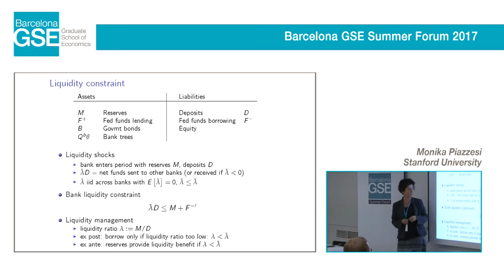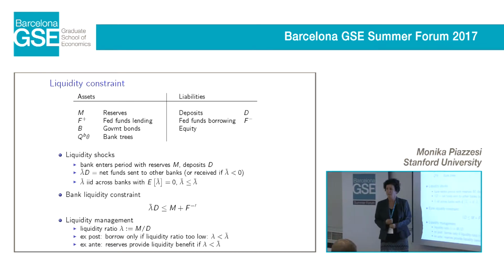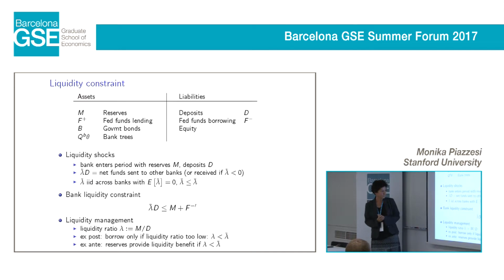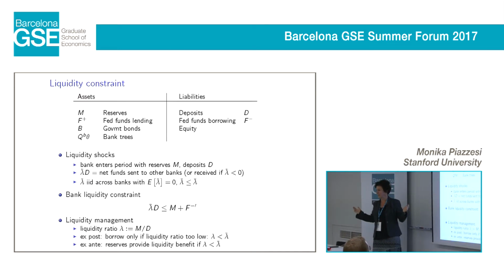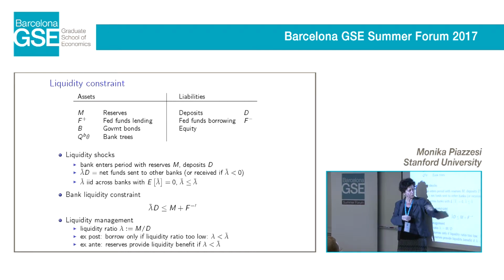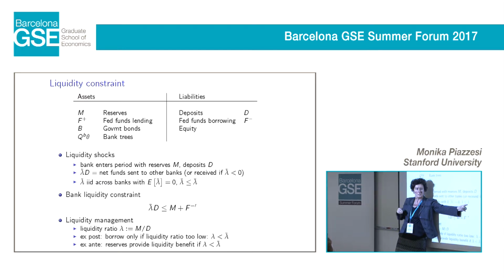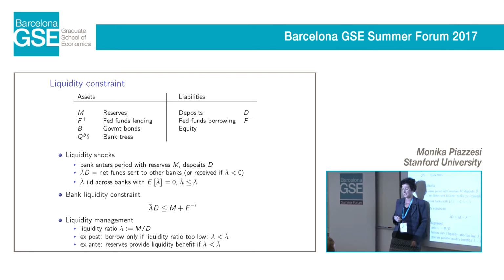So if Vladimir is the other bank and I get hit by a positive lambda, I'm going to send him funds, and what he is experiencing is a negative lambda shock. These shocks are IID across banks. Imagine this is the US banking system; then the average is 0, so these funds stay within the system. It's just a redistribution of deposits. And there's an upper bound on these shocks: a lambda upper bar that governs the highest possible shock that you can get as a bank.